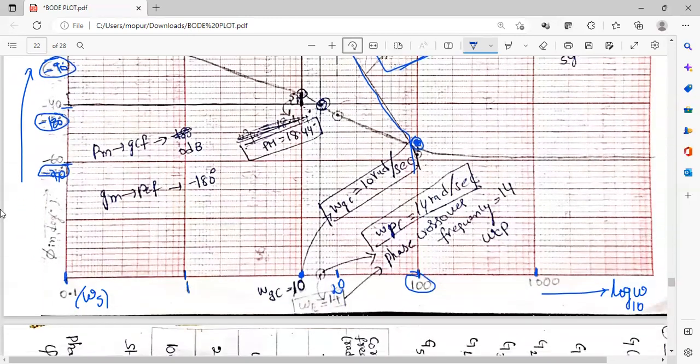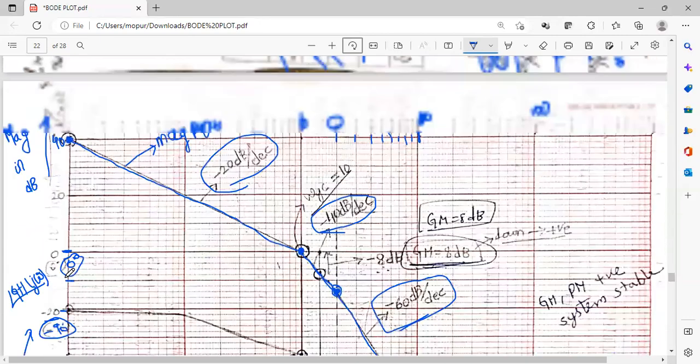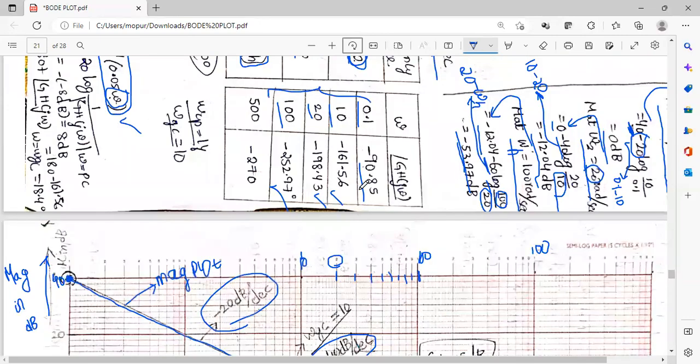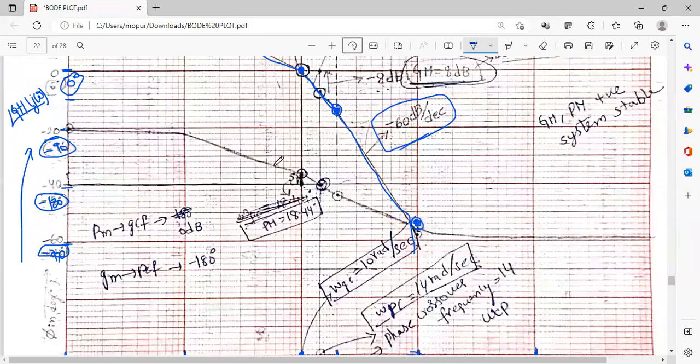Now, at the corner frequency of 0.1, what is the phase angle? At 0.1, the phase angle is minus 90.85, so it starts at this point, somewhat below minus 90.